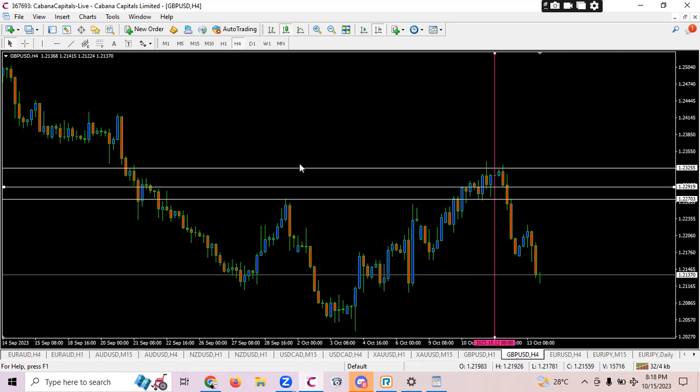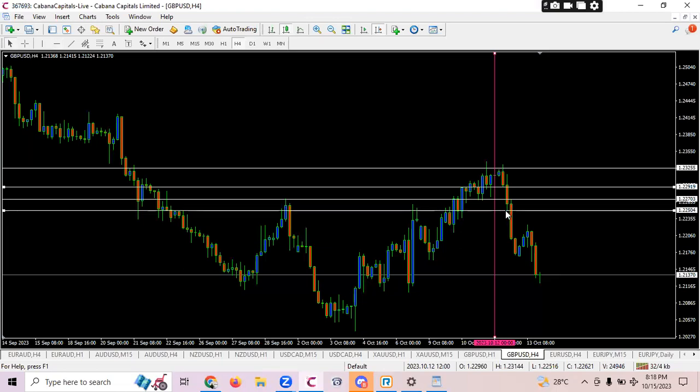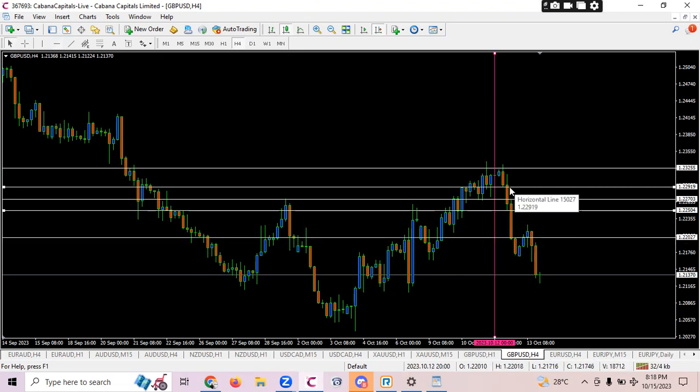We also had a fair value gap here. This is also a fair value gap. The gap in between the low of this candle and also the high of this third candle. That is what we call a fair value gap. So we have two fair value gaps here now, this and this.